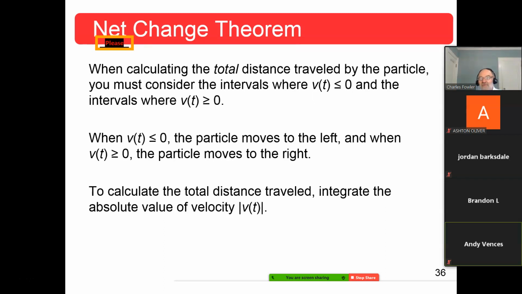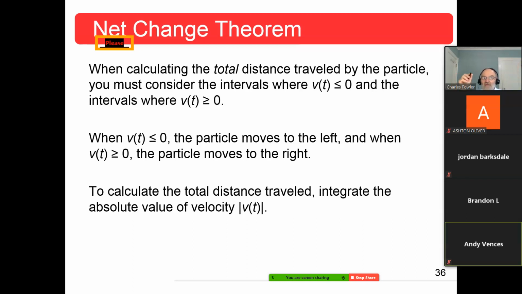When calculating the total distance traveled by the particle, you must consider the intervals where v of t is negative and the intervals where v of t is positive. Because just picture, if you're going along here in the positive direction, and then you turn and go back in a negative direction, then turn and go back again, your net change is that integral, what you just did.